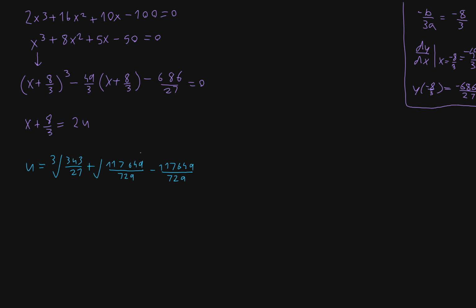So this is where we get it equal to 0 right here. I just wanted to show this part here. So these guys are going to cancel out. We're going to get 0.